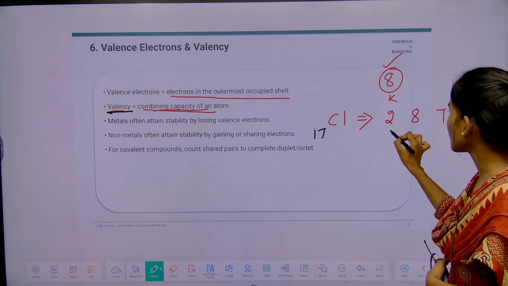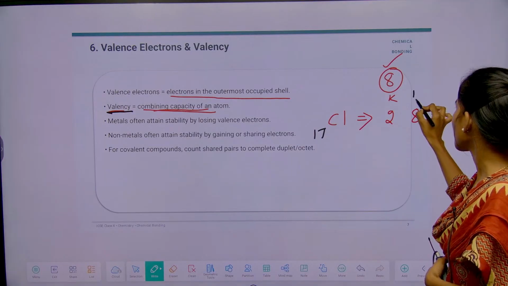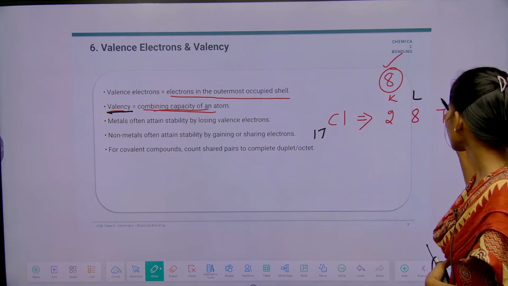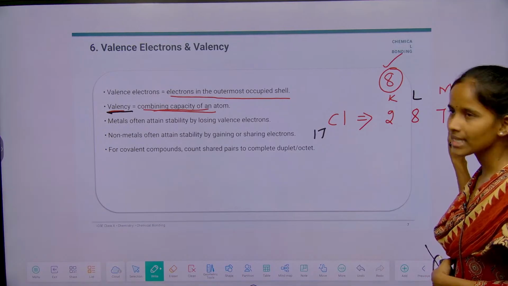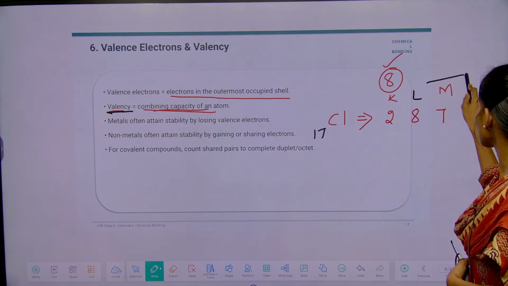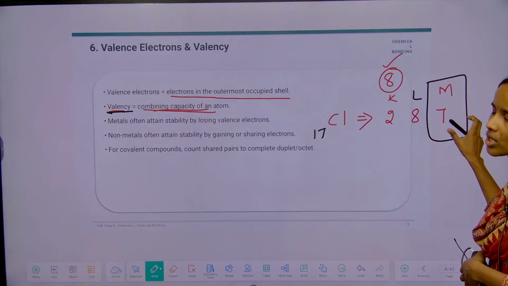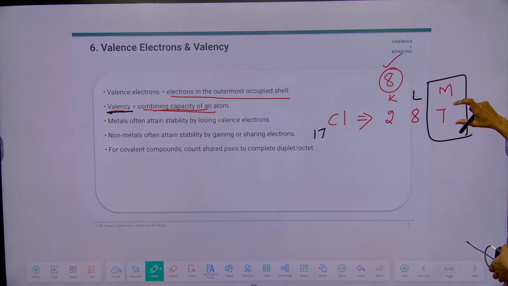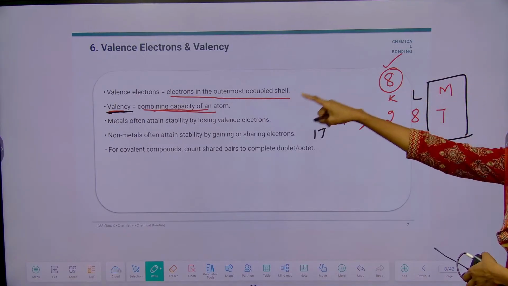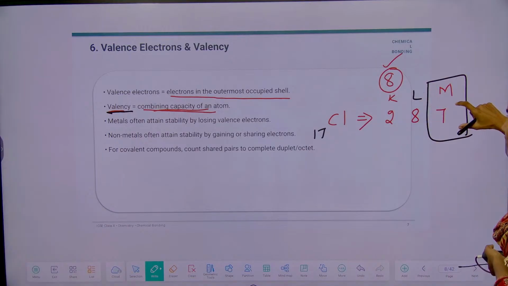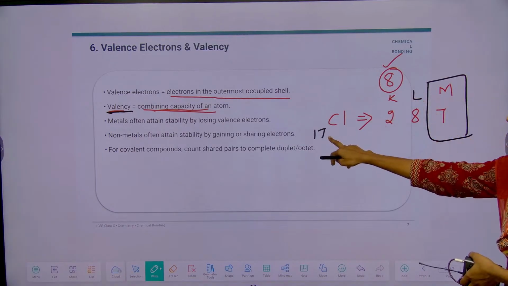In the K shell it has 2 electrons, in the L shell 8 electrons, and in the M shell 7 electrons. The outermost shell has 7 electrons. So if I ask how many valence electrons, you will say 7 valence electrons for the chlorine atom.